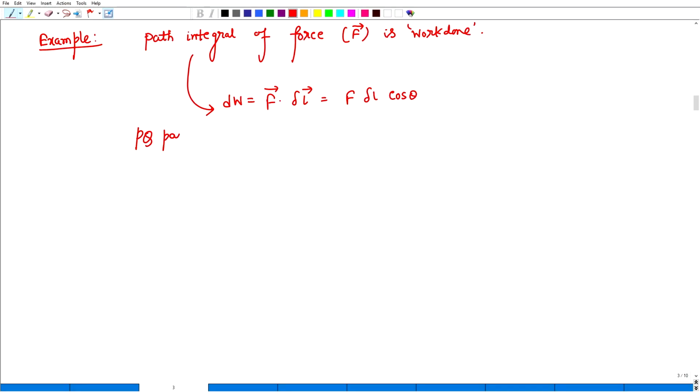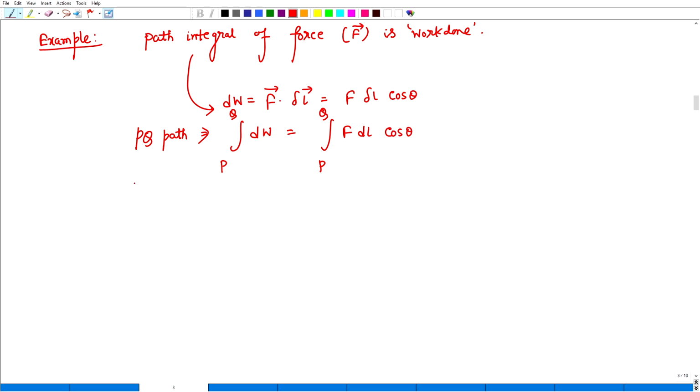For the PQ path, integration of dW is equal to the integration from P to Q, obviously from P to Q, of F, now dl, not delta l, it will be dl cos theta.